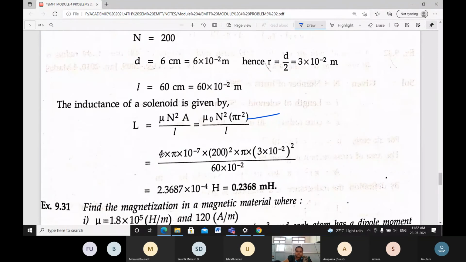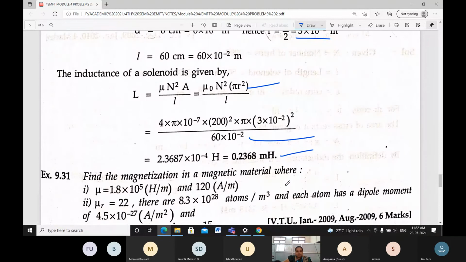Therefore, I can write it here as 4 pi 10 raised to minus 7 into n is 200 square into pi, r is 3 centimeter square divided by l is 60 centimeters. That you substitute, go for solving, you will be getting 0.2368 millihenry.